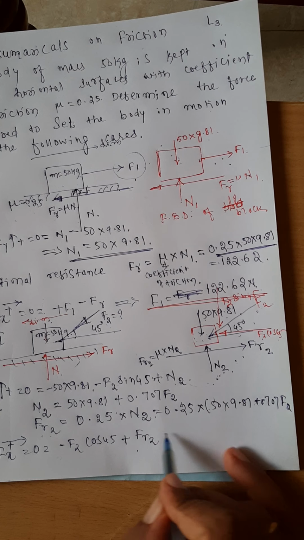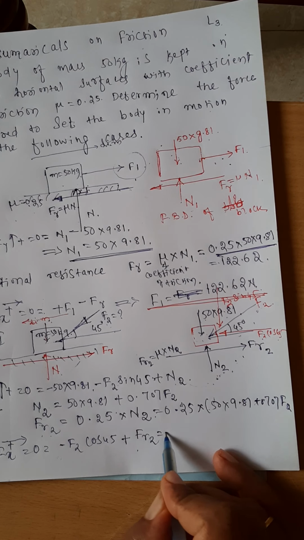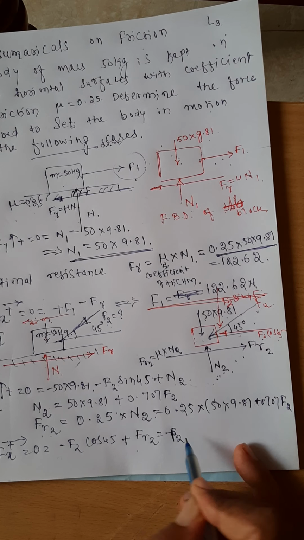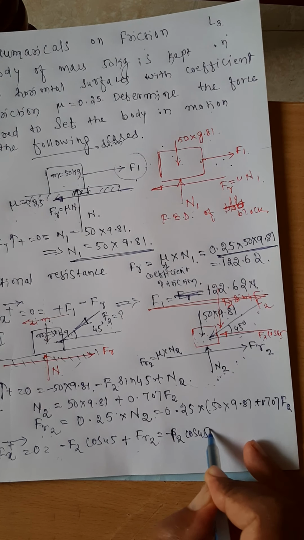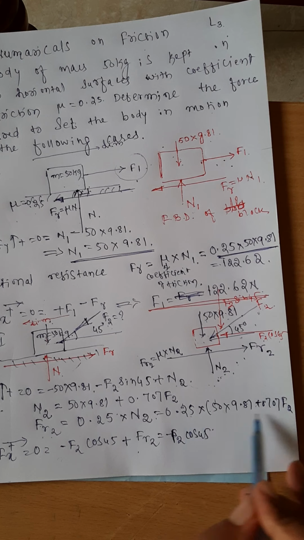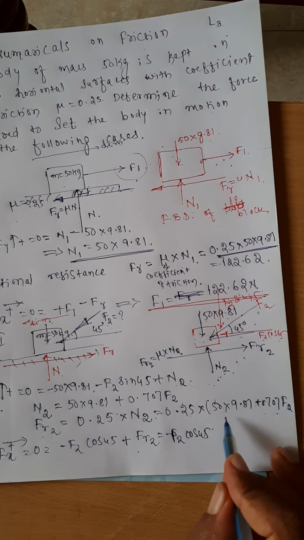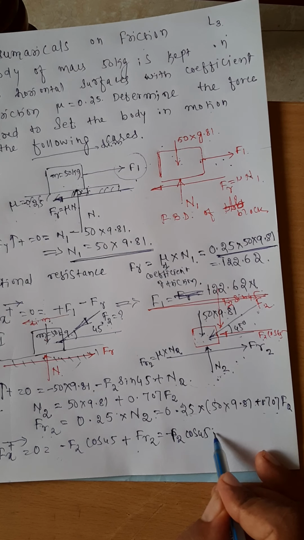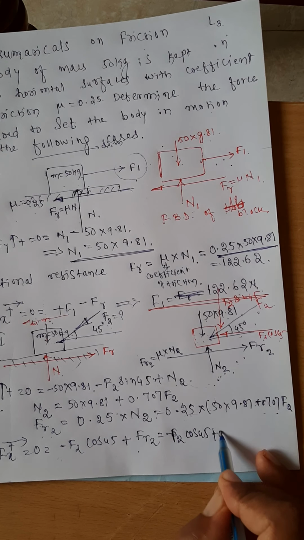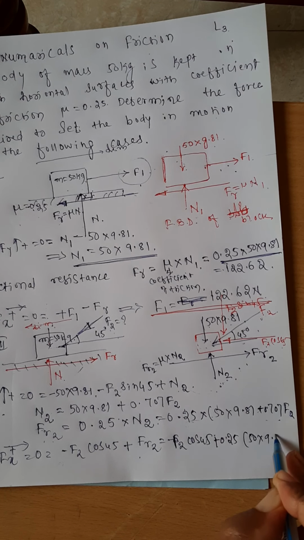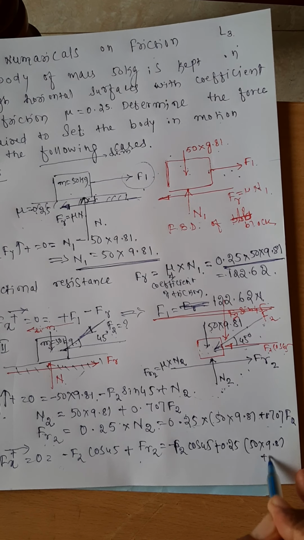Therefore, you are going to get F1 is equal to minus F2 cos 45 into this FR2, this value you substitute here, plus 0.25 into 50 into 9.81 plus 0.707 F2.